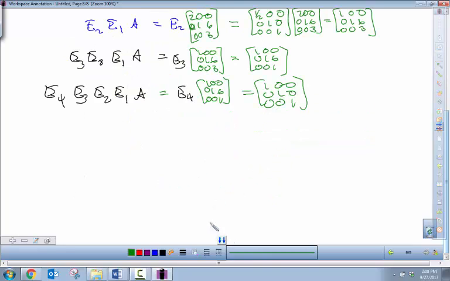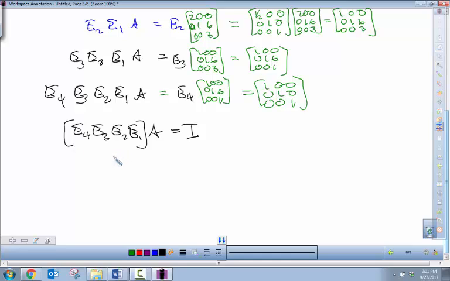So let's summarize what we have here. We have E4, E3, E2, E1, A is equal to the identity matrix. Now, if I regroup this, this must be the inverse.